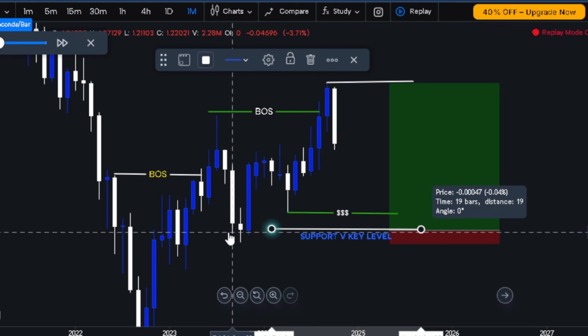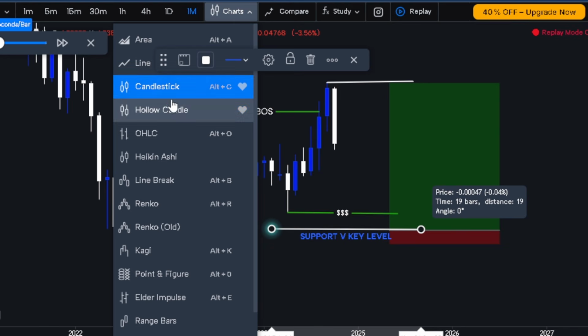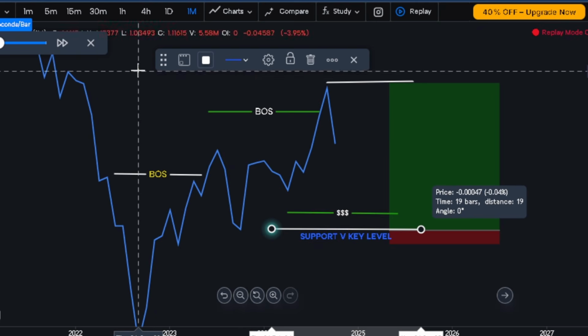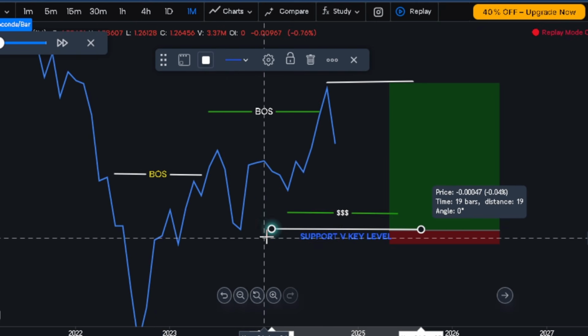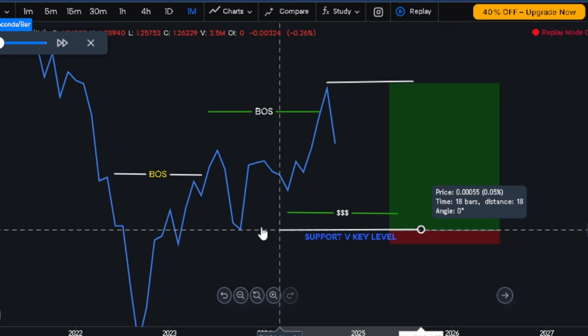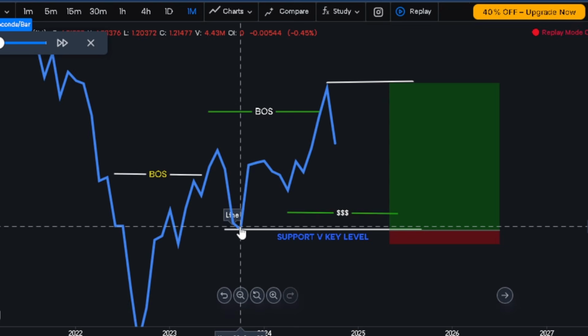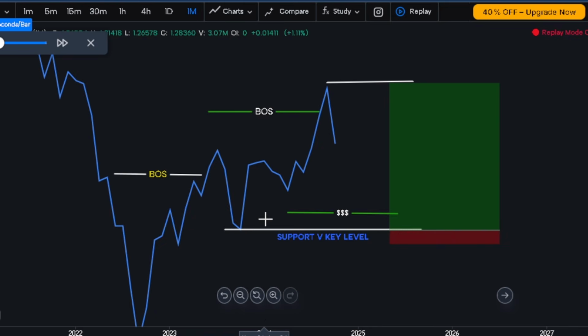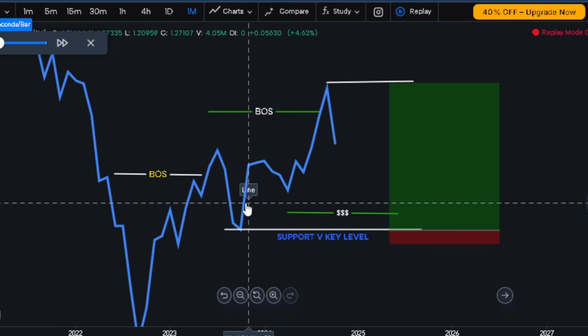And in case you're still having difficulties doing that, then it is advisable that you turn your charts into a line chart. Once you do that, you will notice that the key level is very much visible, and you go ahead and extend your horizontal line.